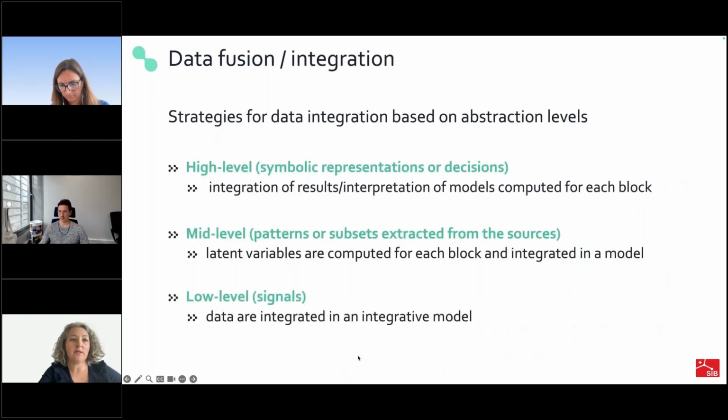So how to integrate or to fuse all those data? You can follow different strategies to integrate these different blocks of data. High level, which means that you integrate the results or the interpretation of models computed for each block.